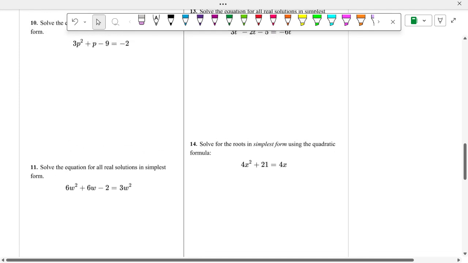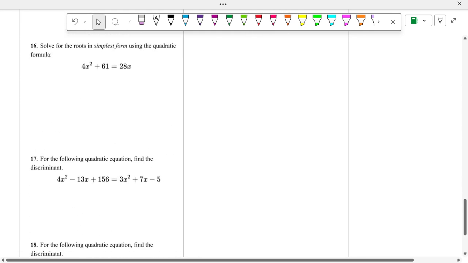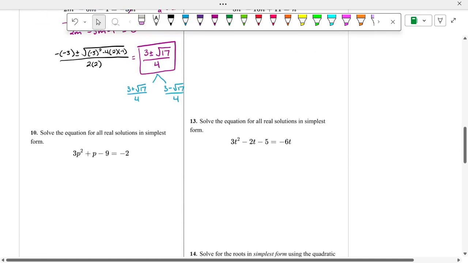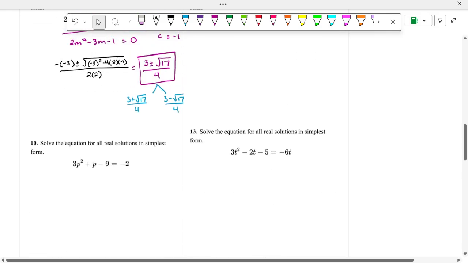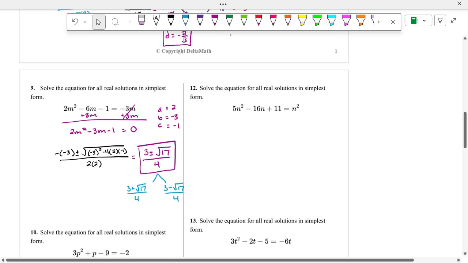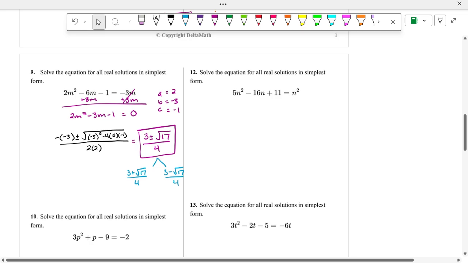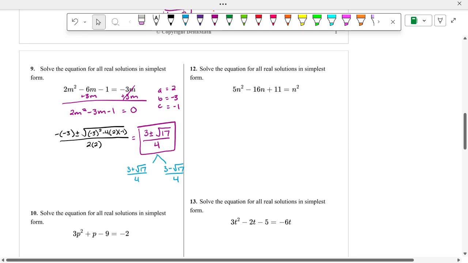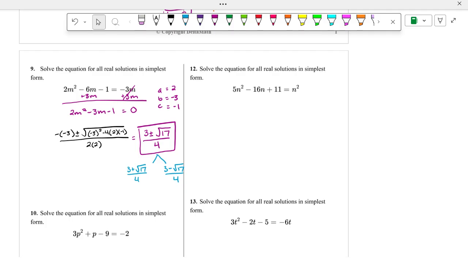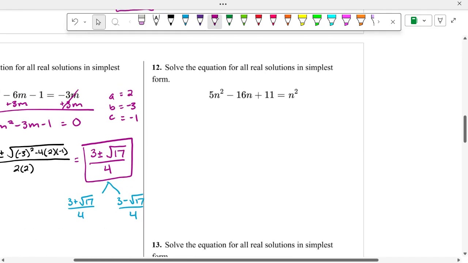Let's look at one where you actually got to simplify it. So let's try 12. So number 12. What is my first step, Lainey? Right. Subtract the 5n squared.